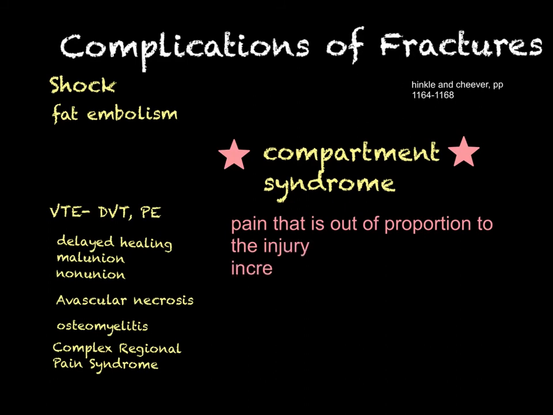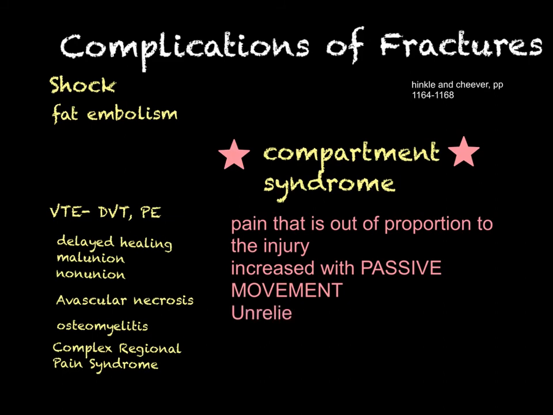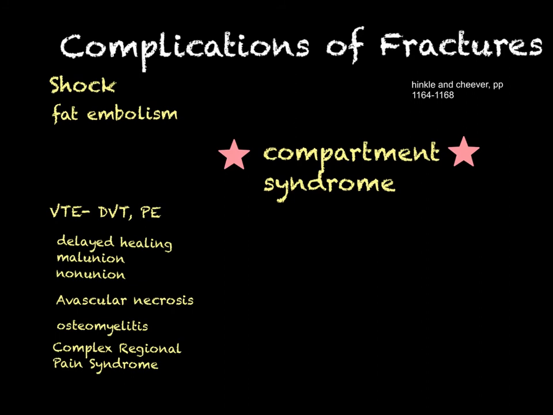It's increased with passive movement. And it is unrelieved with medication. Okay? So, when you have that kind of pain, you really need to have a high level of suspicion about what's causing that pain, because that is one of the first symptoms of compartment syndrome.